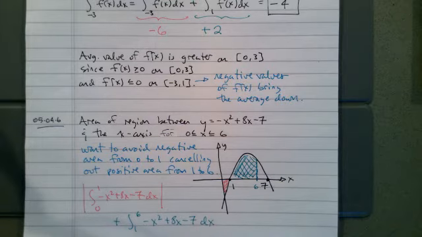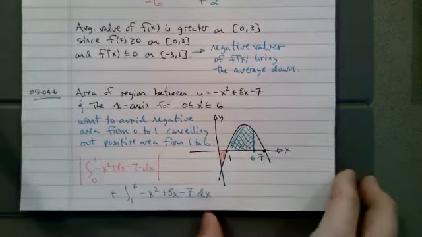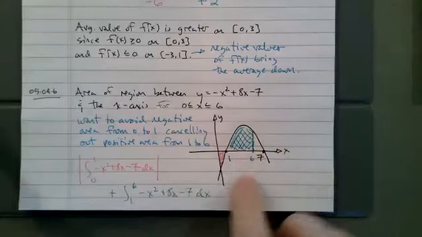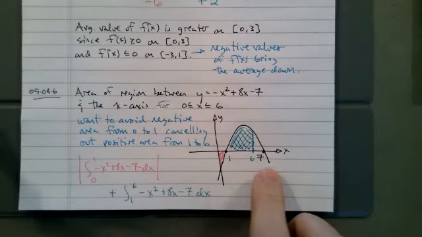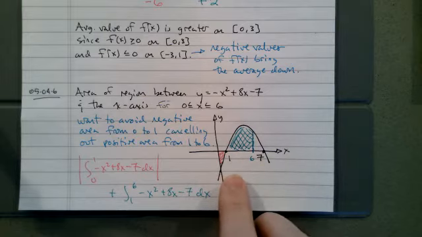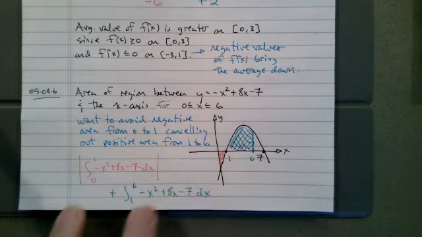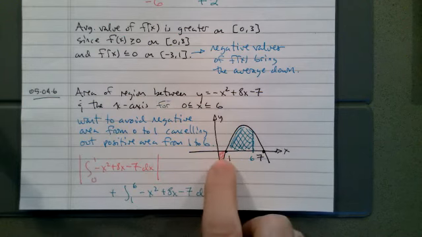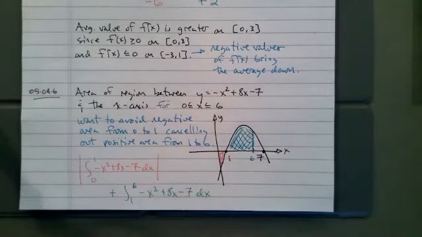The point of the problem is to recognize that this function is positive and negative on the interval from 0 to 6, and to separate out the integral from 0 to 1 and take the absolute value to find the area without that being negative.